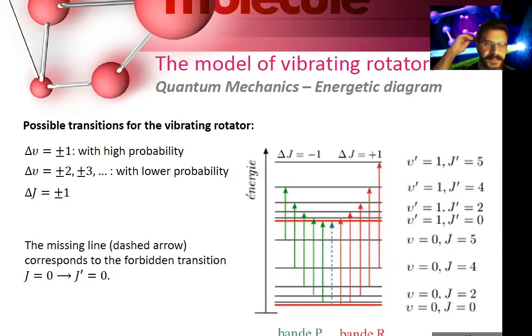Okay. So as I said, we can move from one vibrational level to the other, so from one row in the class to the second row just after it. Why just after it? Because we know that for vibrational energies, the selection rule is delta V equals plus or minus 1. Now, obviously, as you can read here, this is with the highest probability, but this is usually what happens.